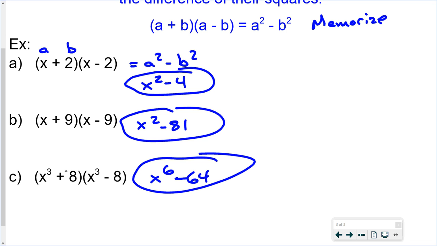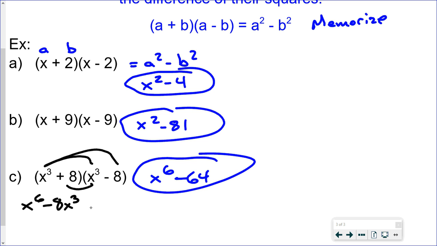Let me just show you real quick that this works. Let's do FOIL. First, that's the F in FOIL, x cubed times x cubed, that's x to the sixth. Outer, that's minus 8x cubed.